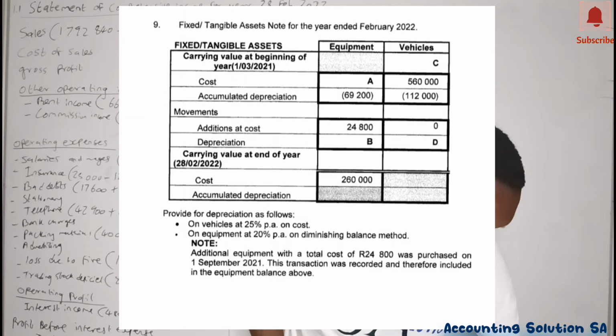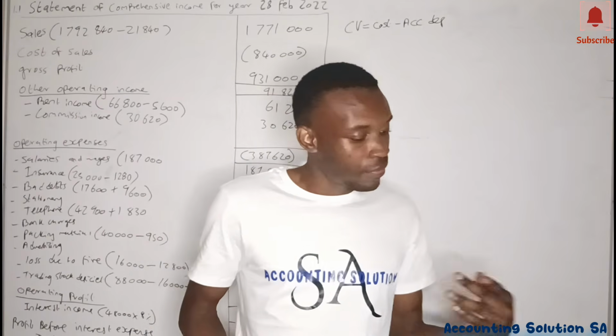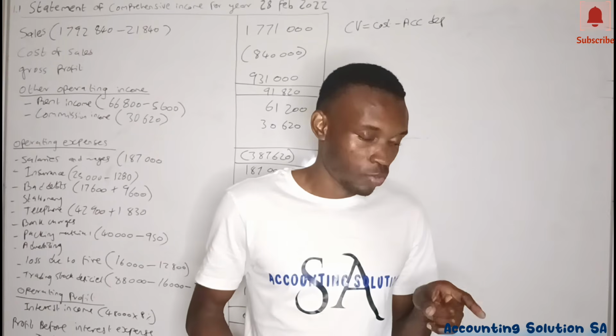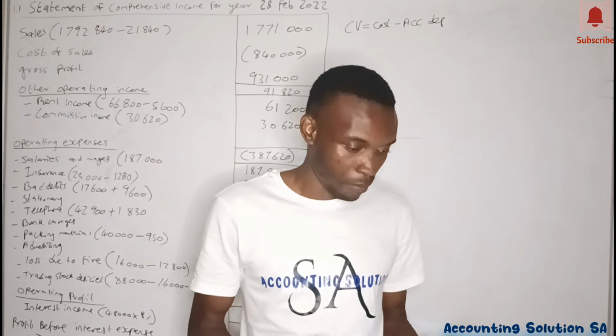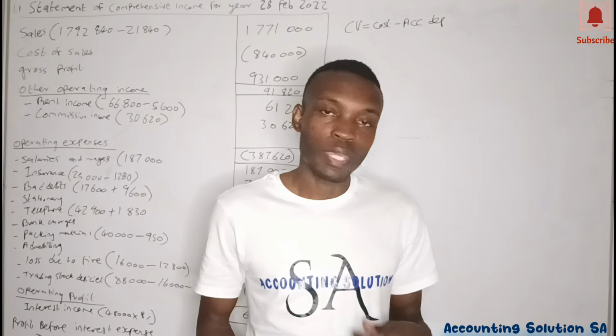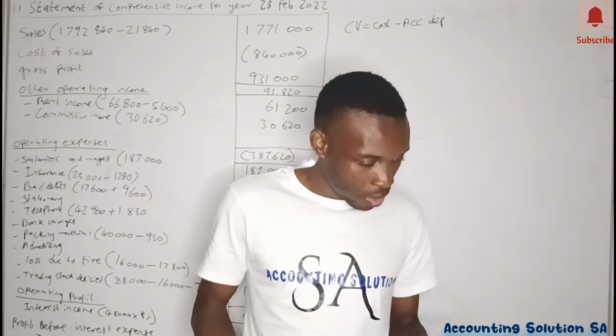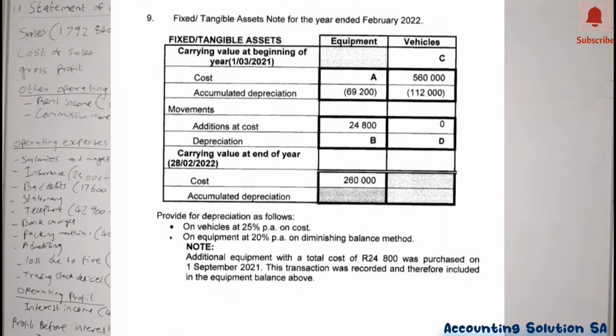Now this is what we are going to do. For number 8, they are looking for the cost price of equipment. We don't know it, but we know that during the year, under additions, they recorded 24,800, a new one, and the balance at the end is 260,000.